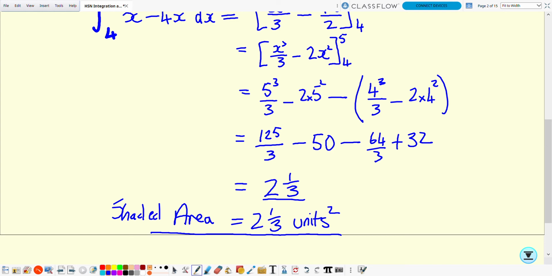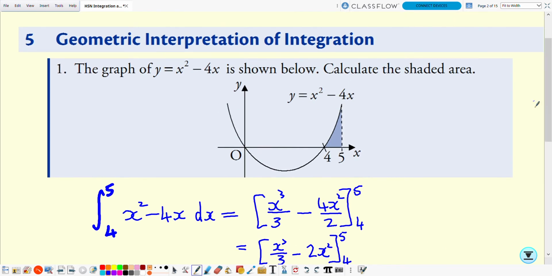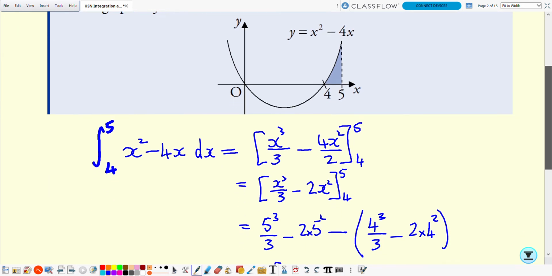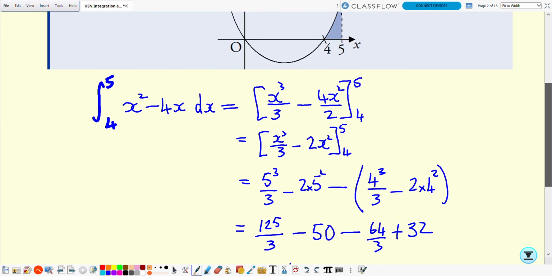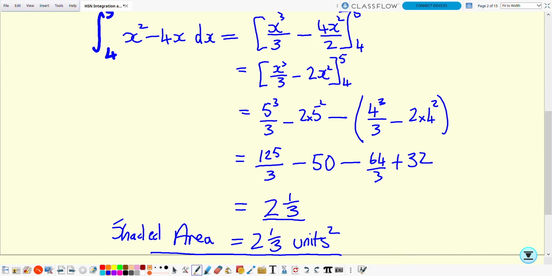So that's the first thing. You want to be making a connection between your area and recognising that when you're doing an integral with limits on it, you are working out the area under the curve, between the curve and the x-axis. So that's another interpretation for a definite integral.